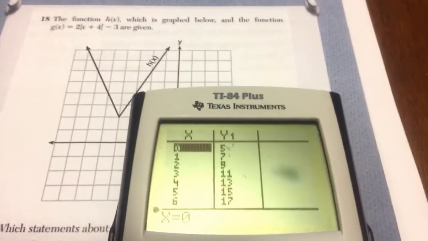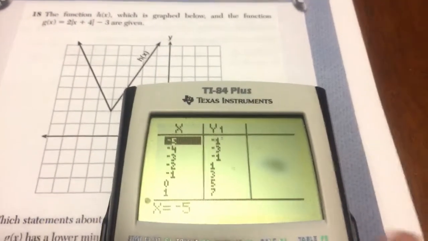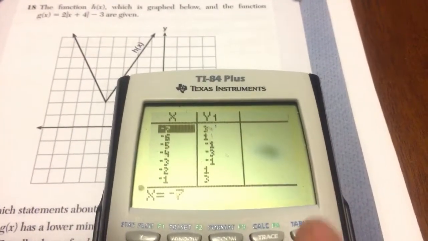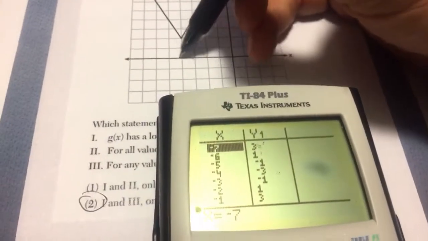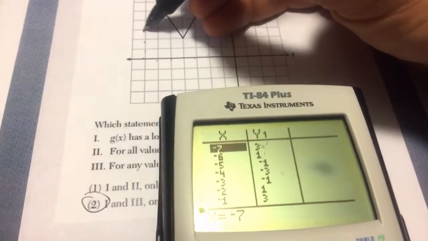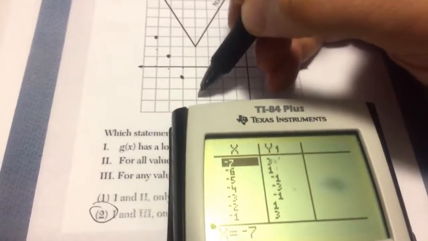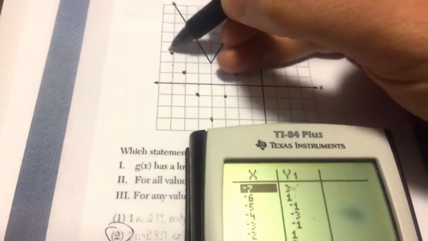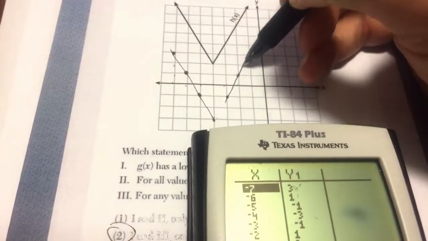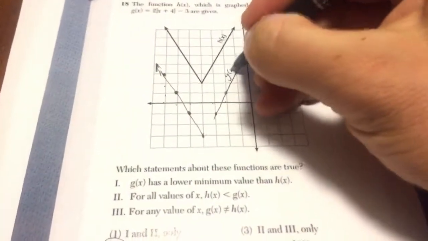Go to table, and then I am going to plot these points. So this is g of x now.